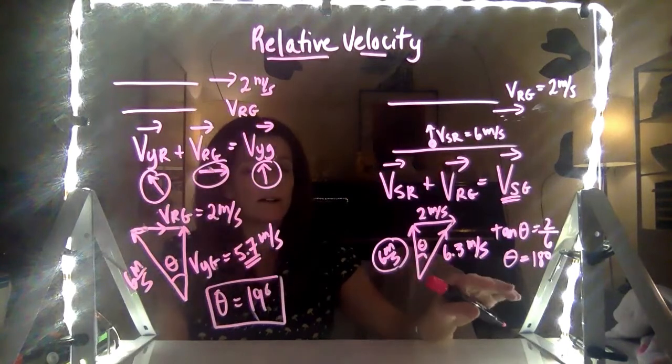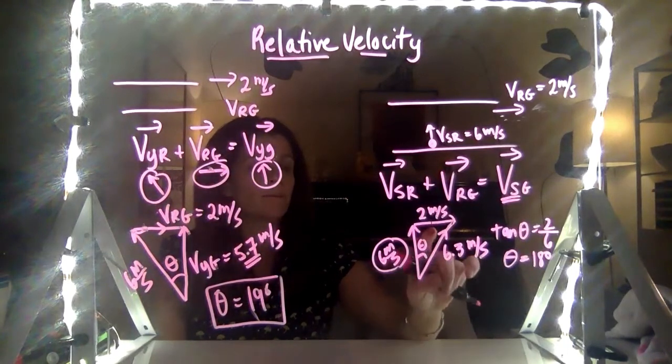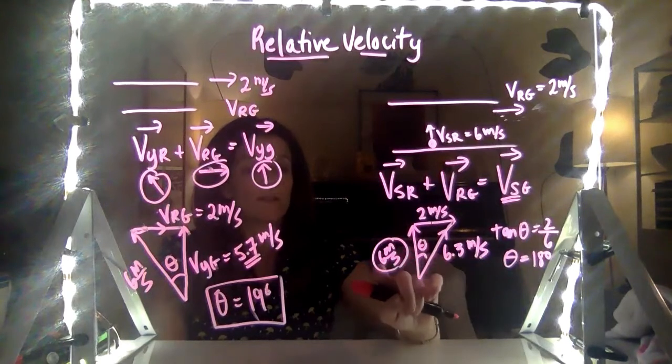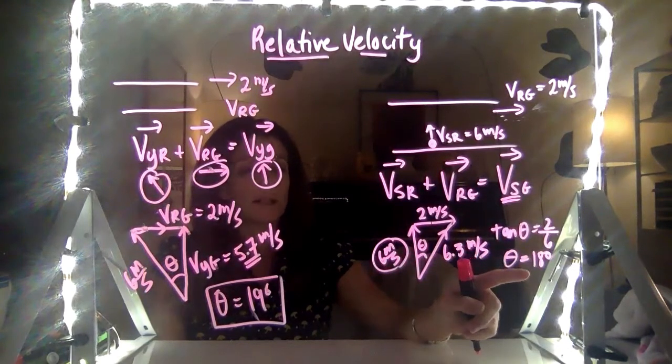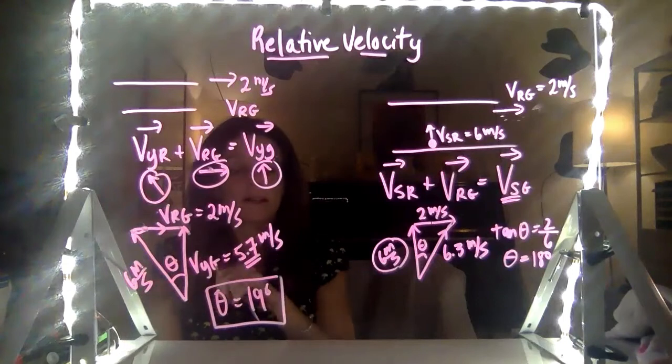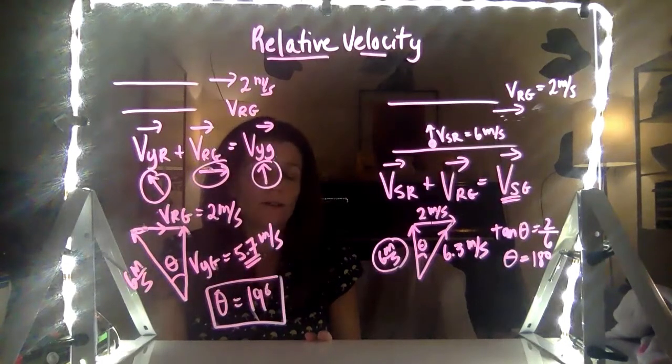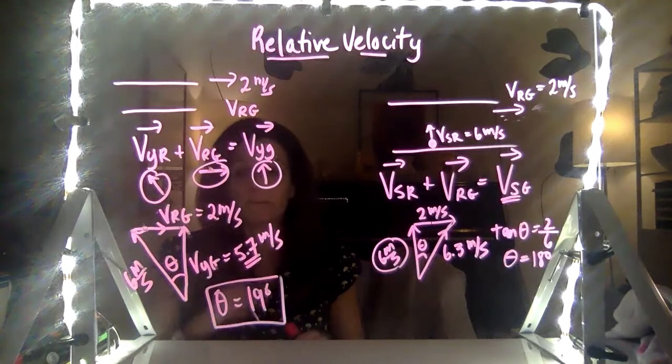So whereas here it was 2 over 6, and I got 18 degrees, here I have 2 over 5.7, and I'm going to go at 19 degrees. So it's not quite the same angle.